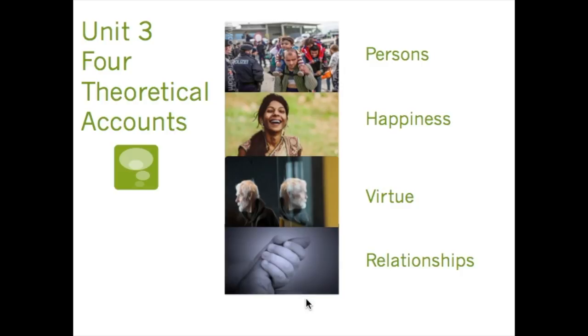Now I have presented the most important tenets of each of the four theoretical accounts that are available on the ethical theory market, if you wish. The ethics of person is the ethics that describes your absolute duty to respect rational beings as autonomous, as able to make their own choices, rational choices.